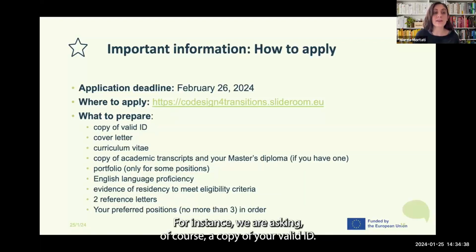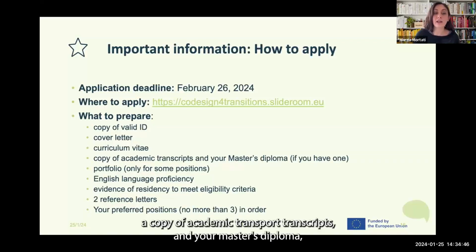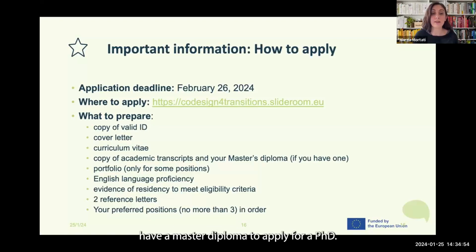For instance, we're asking, of course, for a copy of your valid ID. We're asking for a cover letter, a CV, a copy of academic transcripts, and your master's diploma, because all of those universities do require you to already have a master's diploma to apply for a PhD.